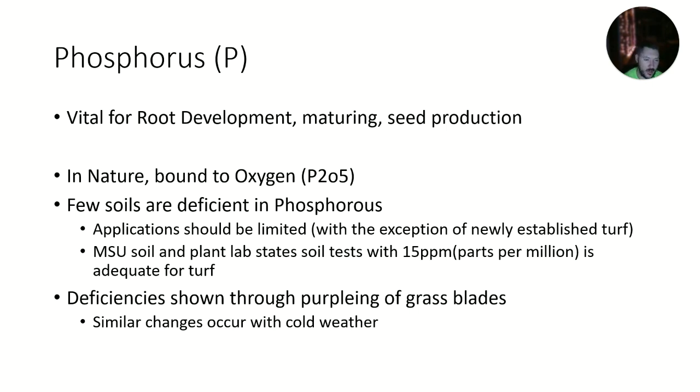Applications should be limited with the exception of newly established turf. The MSU Soil and Plant Lab states a soil test with 15 parts per million is adequate for turf here in Michigan. Deficiencies show through purpling of grass blades. Similar changes could occur with cold weather, so just because you see purpling grass blades might not mean that it's a phosphorus deficiency.